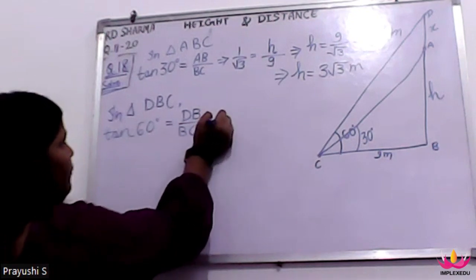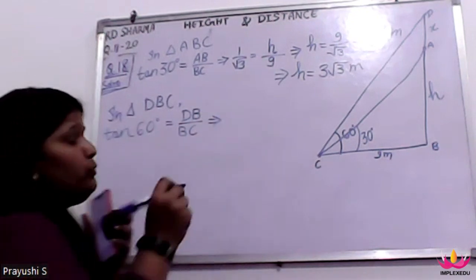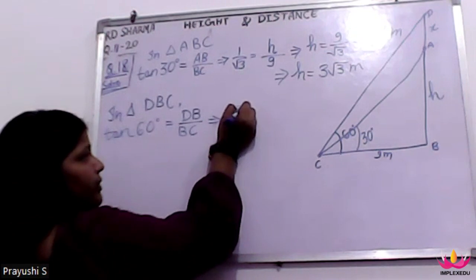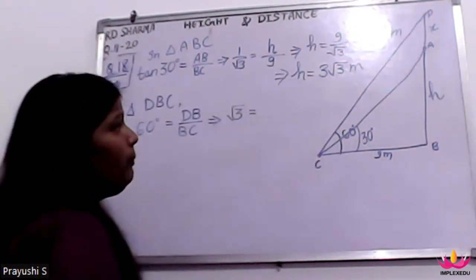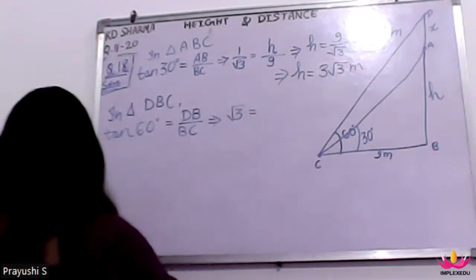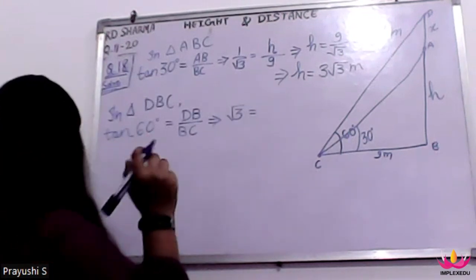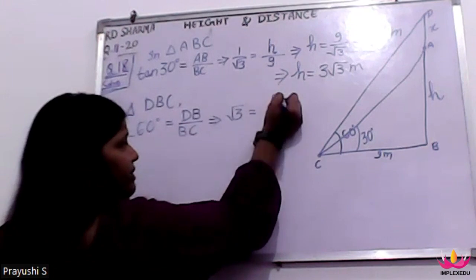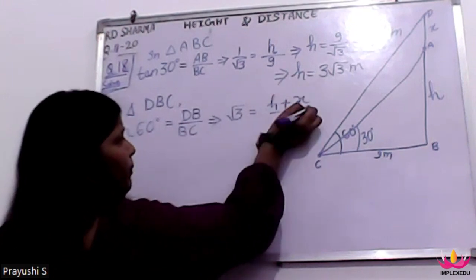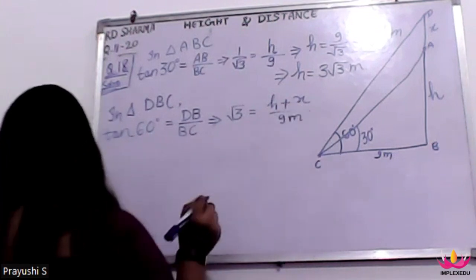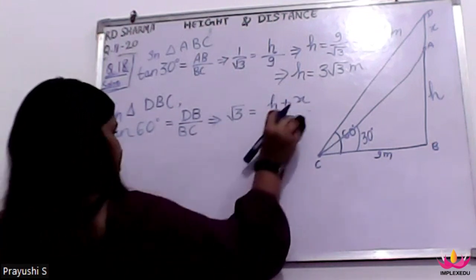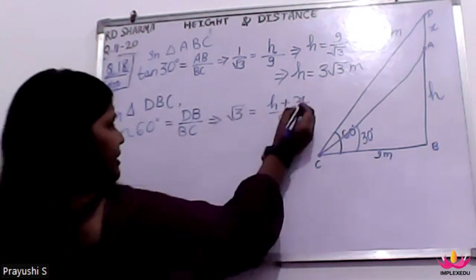Correct. Now we know that tan 60 is equal to root 3. So we will write root 3 here, and DB is equal to x plus h. So we write h plus x upon BC, which is 9. We are not writing meters, we will just write 9.